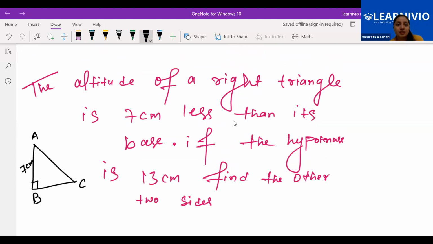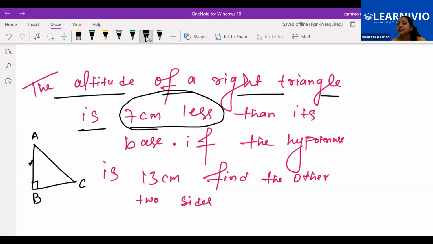Okay, it's not 7 centimeter. Be careful. It's written over here, let's read it carefully. The altitude of a right triangle is 7 centimeter less than its base. If you are reading it the way I did, you will think that it is 7 centimeter, but it is not.